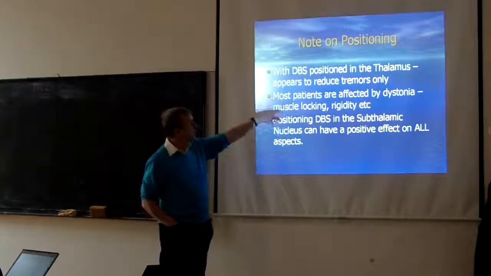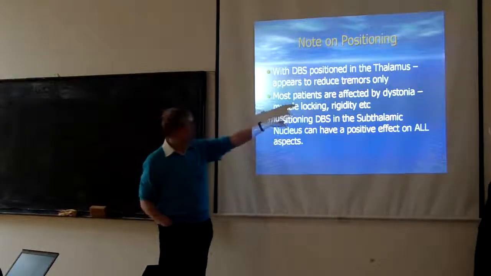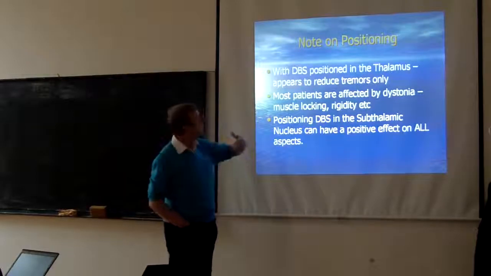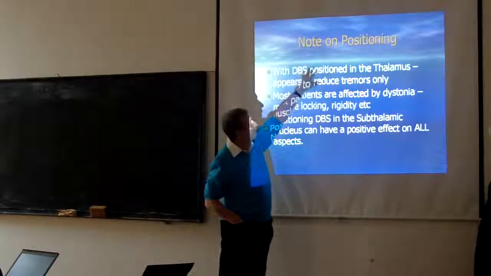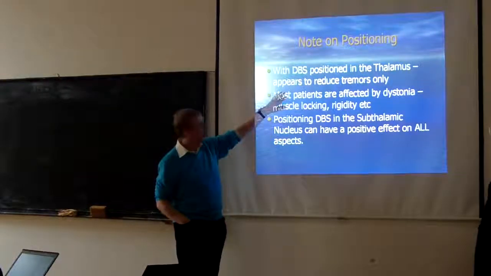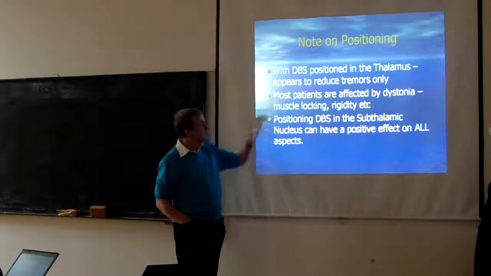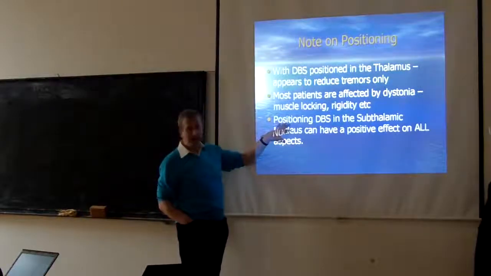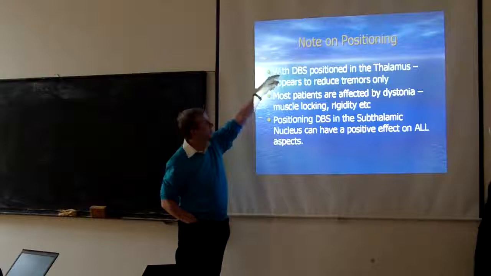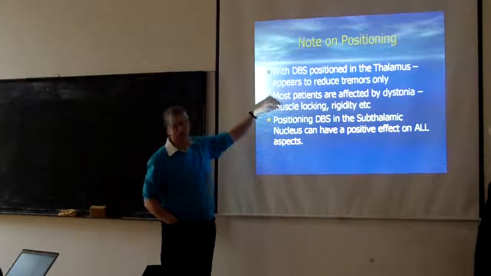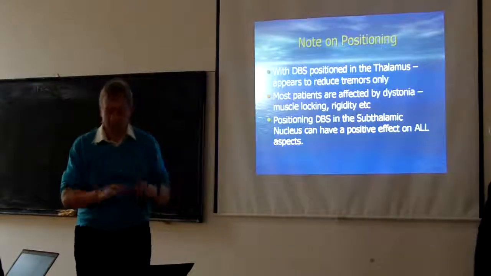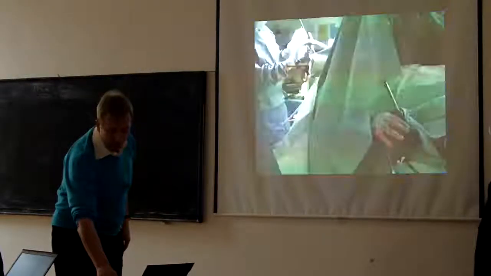Most patients are affected by other things, muscle locking and rigidity, and in Tipu's words, if you do deep brain stimulation there, it doesn't have any effect on this, it just stops the tremors. So he positions it in the subthalamic nucleus so that it affects tremors and muscle locking. But that's really one surgeon.